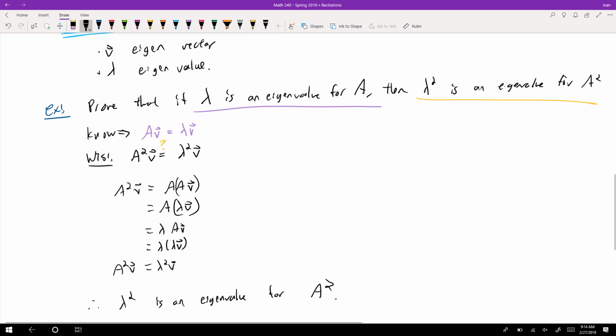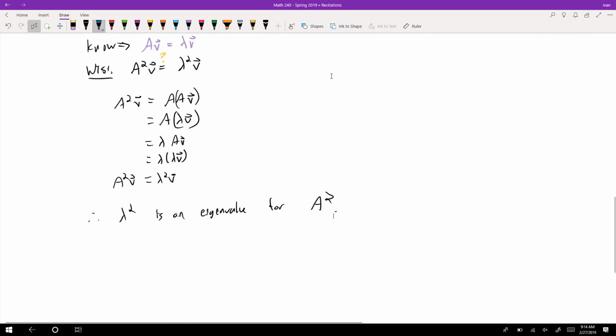Okay, any questions? All right. So that's an example about using the definition. There are two important facts about eigenvalues.